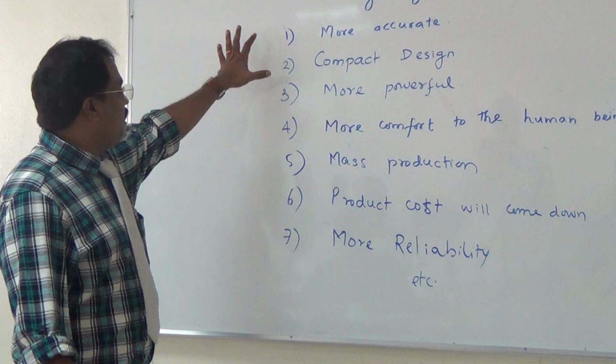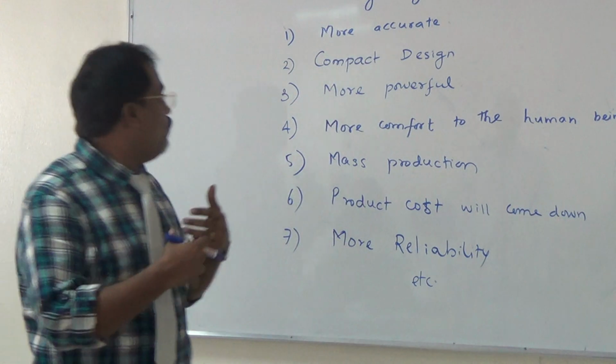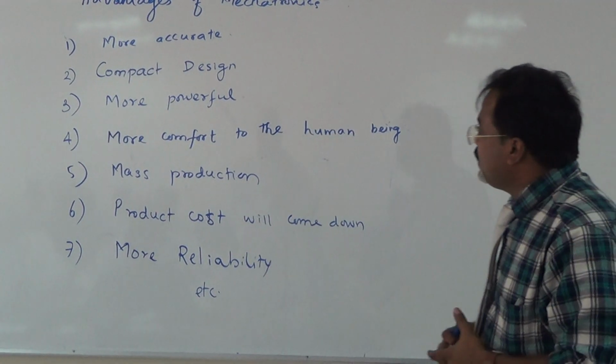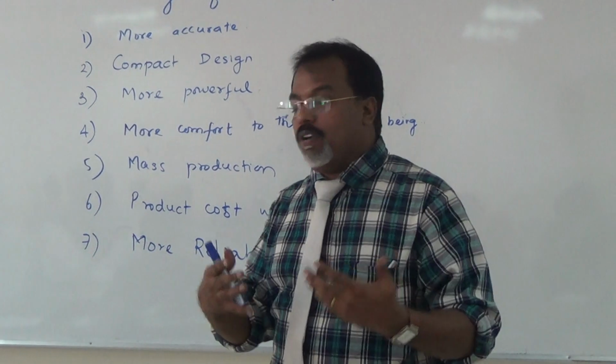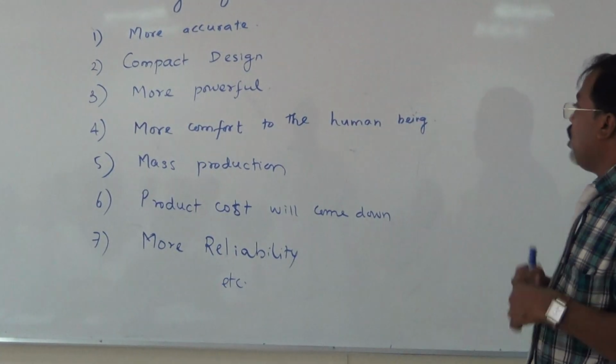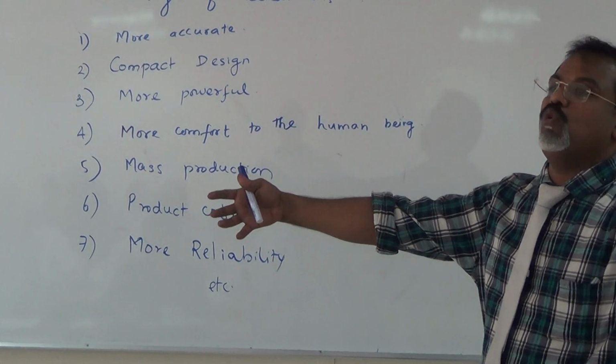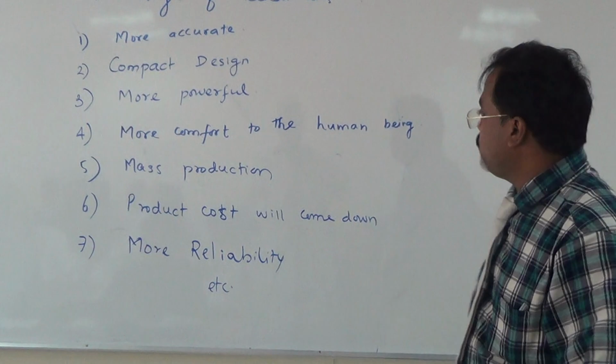Okay, so these are some important points. You can go for a more accurate design, compact design, then more powerful machines, more comfort to the human being, definitely this mechatronics, and then you can produce more products at a time, that is mass production.